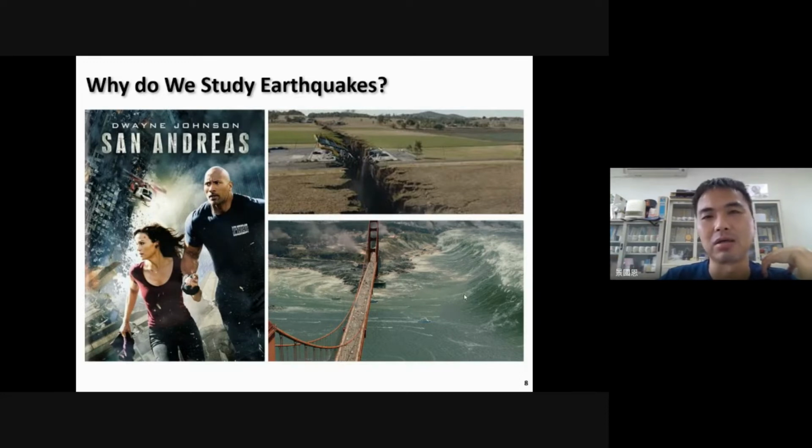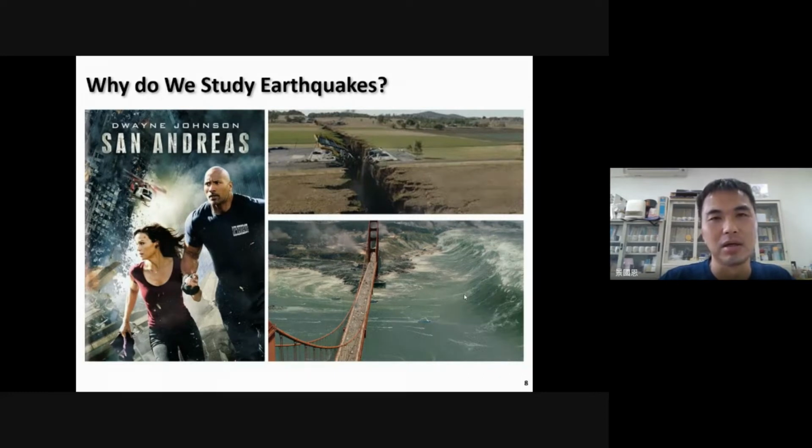Earthquake is caused by the slip on the fault. We want to estimate the earthquake potential or even predict the next earthquake based on the study of active faults using the geodetic techniques, including InSAR.